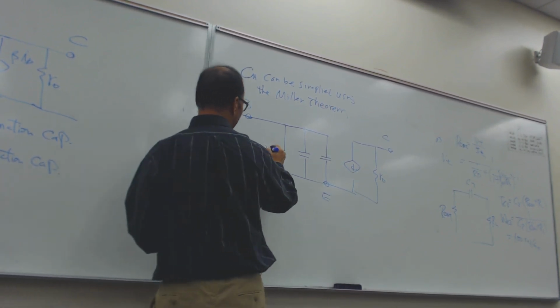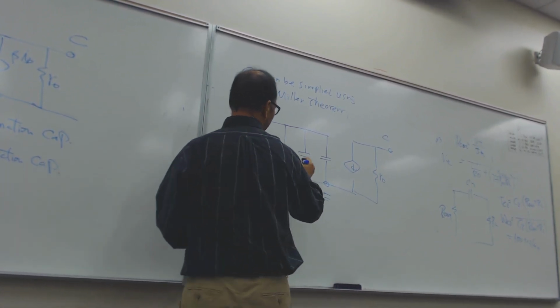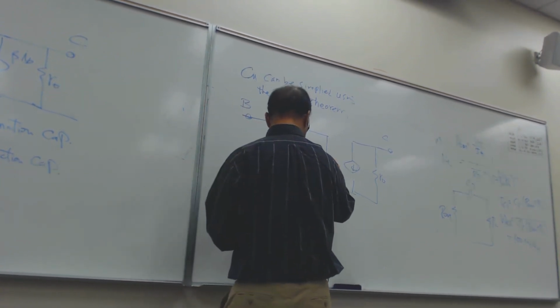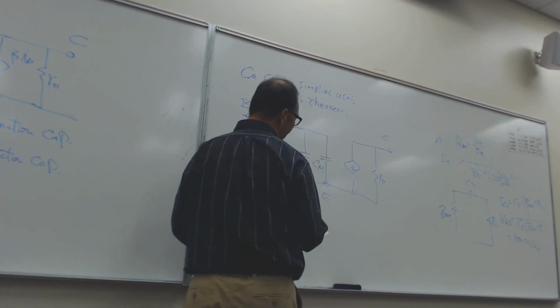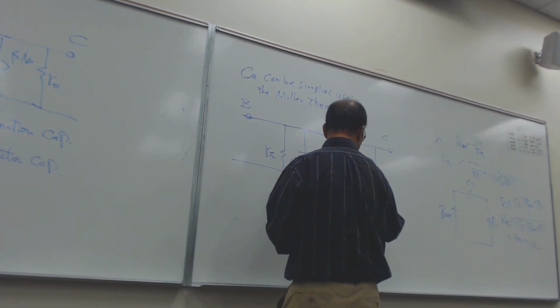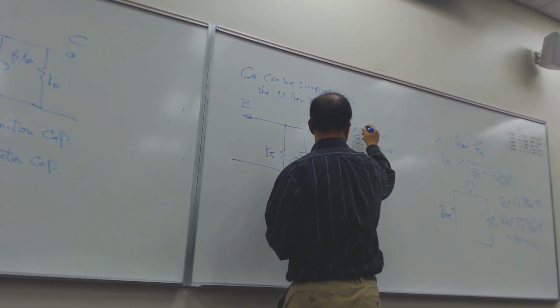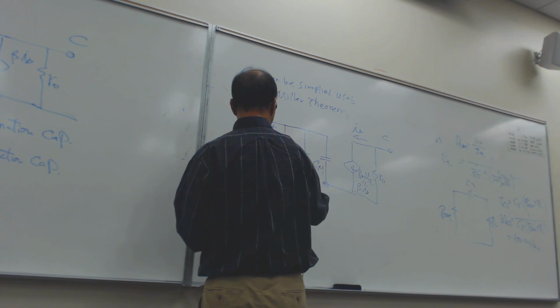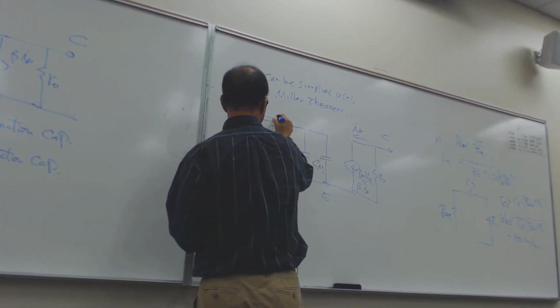So this is R sub pi, C sub pi. This now is called C sub M, and this is g_m V pi or beta I_D, either one you like. So this is V sub pi, this is I sub b.